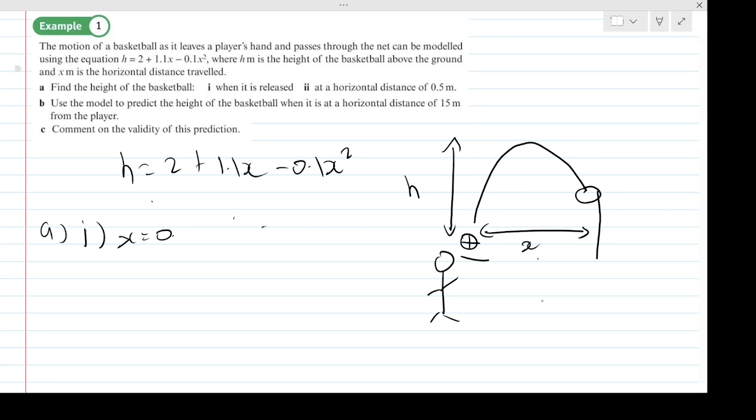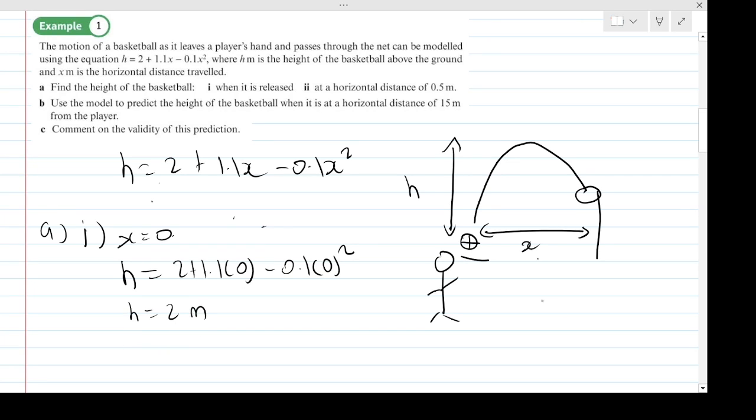When the ball is released, at the instant when it leaves the player's hand, it hasn't moved anywhere, so there's no distance travelled x. So we set x to 0. So the height is going to be 2 add 1.1 lots of 0 minus 0.1 lots of 0 squared. That just leaves me 2. So the height is 2 meters.